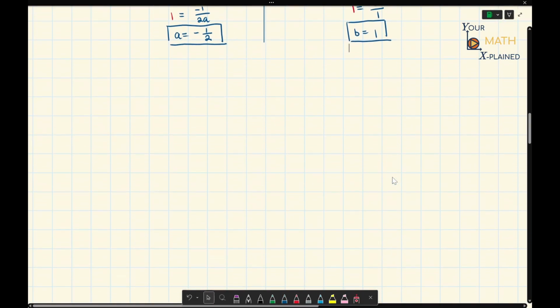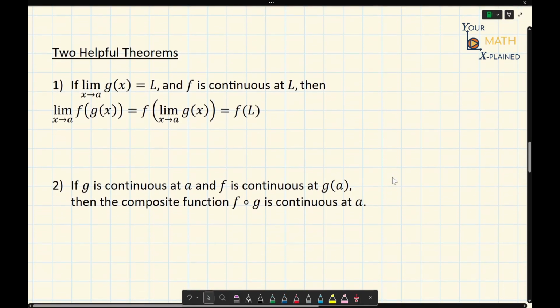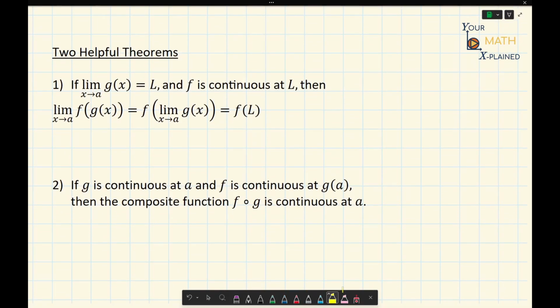And now let's take a look at the two theorems relating to composite functions. The first theorem says that if the limit as x approaches a of a function g of x is equal to some value L, and f is continuous at L, then the limit as x approaches a of the composite function f of g of x is equal to f of the limit as x approaches a of just the inside function.